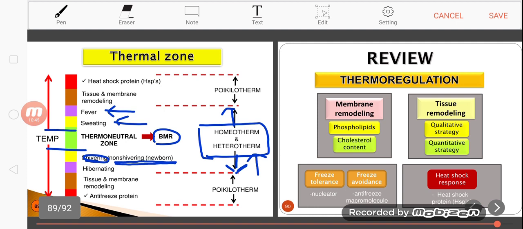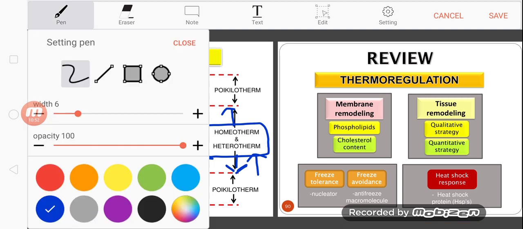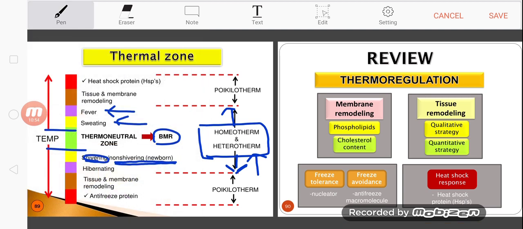Okay, so we did talk about heat shock response, tissue and membrane remodeling. Usually this mechanism or thermoregulation is executed by poikilotherms. Poikilotherms are animals that have a variable body temperature because they tend to follow the ambient or environment temperature.